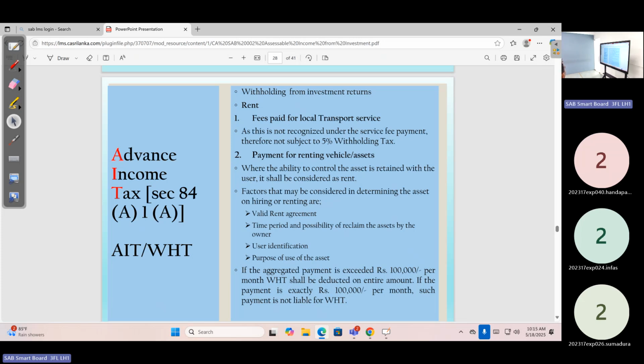Payment for renting a vehicle: where the ability to control the asset is retained with the user, it shall be considered as rent.